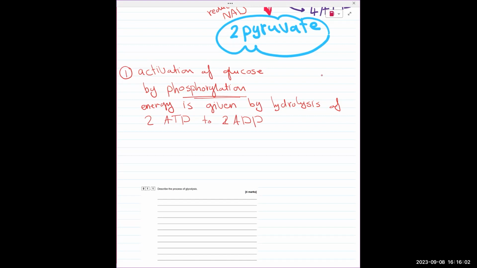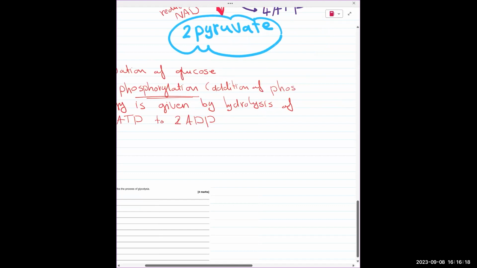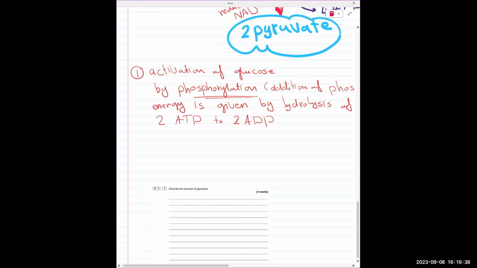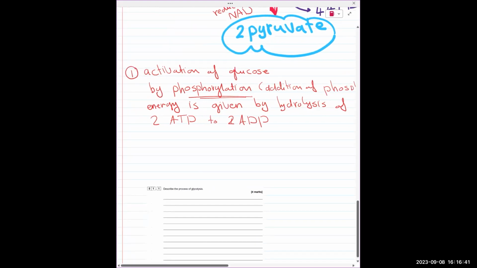Let me make it clear for you as well. Phosphorylation means addition of a phosphate group. So here is activation of glucose by phosphorylation, and we did 2 phosphorylations. And here the energy will be given by the hydrolysis of ATP into ADP. Is it clear? So this is the first step.